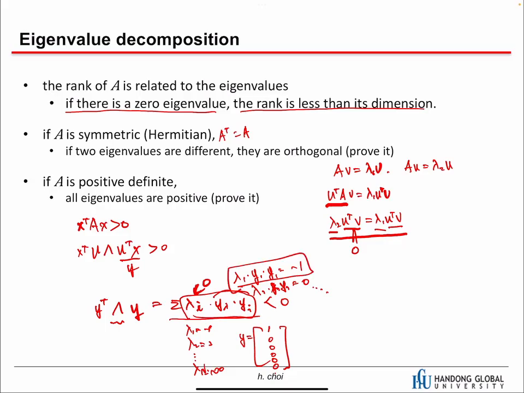So in total, this is negative. Okay. So if we can make any specific y vector for this equation, then we can come up with a specific x to make a specific y. So it means if A is positive definite, all eigenvalues should be positive. All lambda i should be positive.